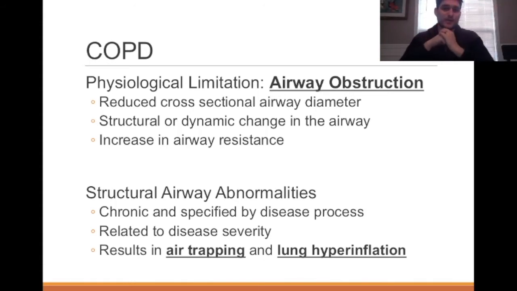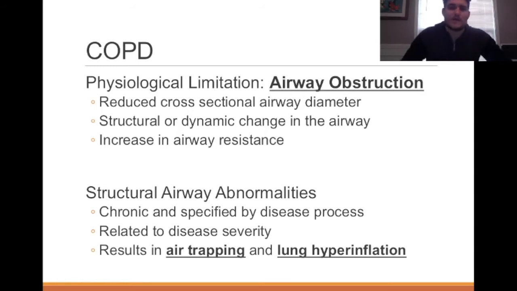The same thing is true for airways. So with COPD, when you get this reduced cross-sectional area of the airways, that's going to increase resistance and decrease air flow. And so you have these structural changes to the airway, which then result in decreases in air flow and increases in airway resistance.